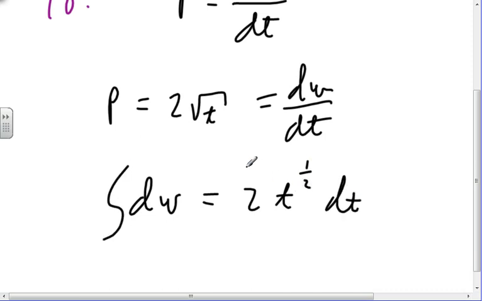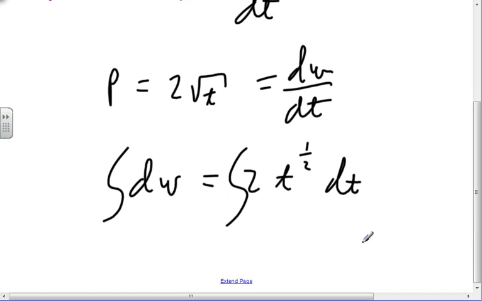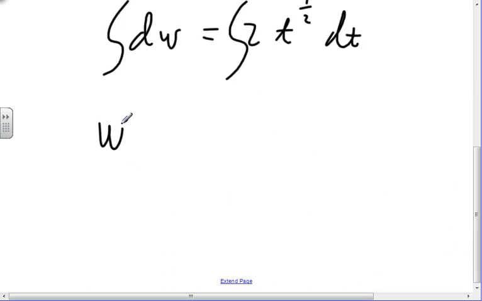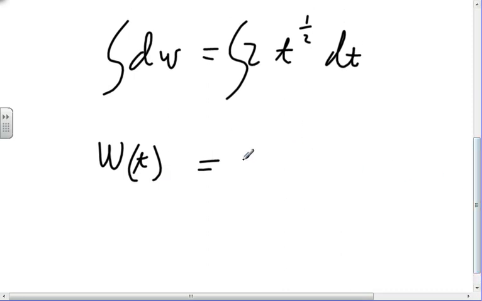I integrate both sides, and I get W at t is equal to 2t to the 3/2 divided by 3/2 plus some constant of integration.